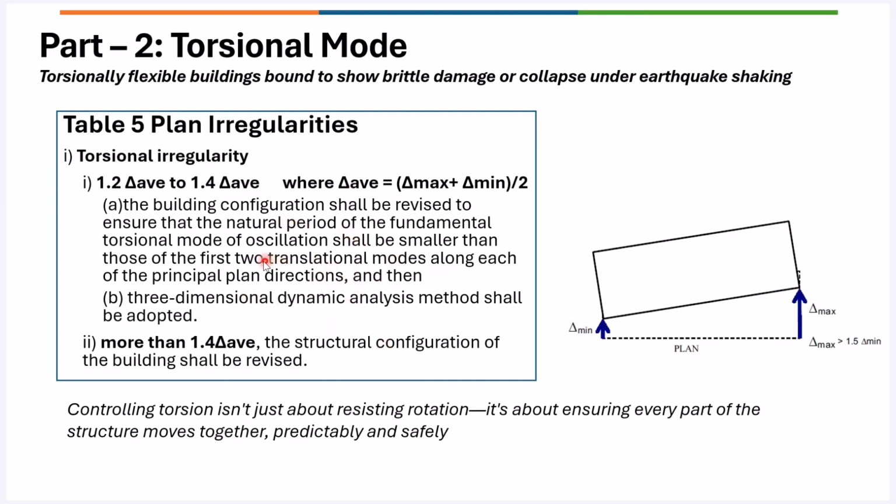And in that, the specification is that the building configuration shall be revised to ensure the natural period of the fundamental torsional mode of oscillation shall be smaller than those of the first two translation modes along each of the principal plane directions. That means that modes 1 and 2 must be translational, not torsional.